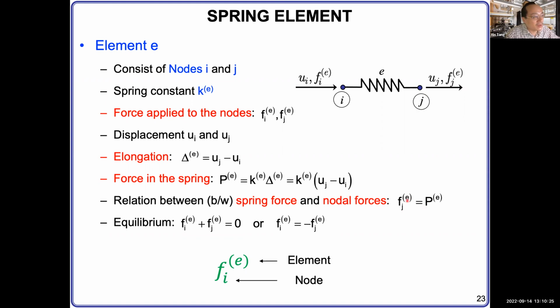That's why FJE equals PE. This can also be done at node I. If you take a look at node I, the force on node I is Ke times Ui minus Uj, and the force balancing it with Fi is actually the inverse sign. All these things are self-consistent. When you get familiar with it, you will find the forces are all very consistent.